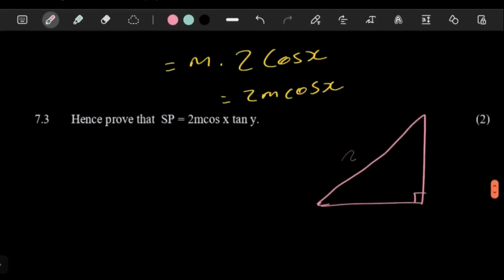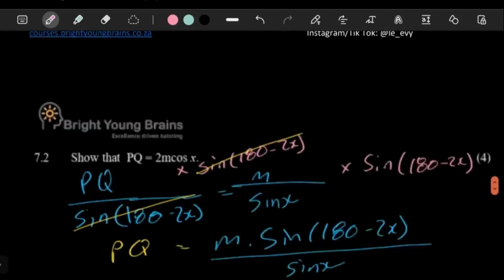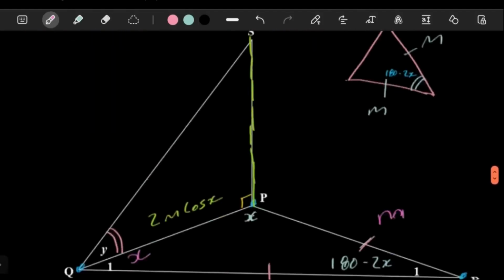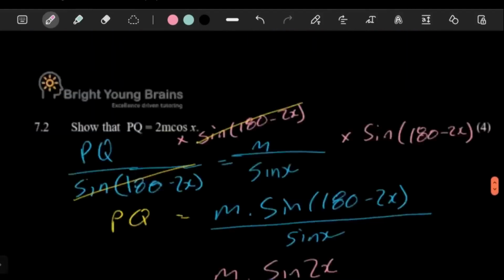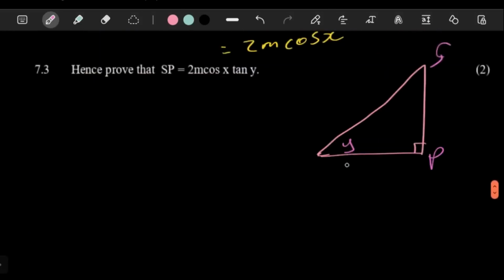So far we know that this is y, and then we're looking for SP. And this is 2m cos x. Let's see if we can put that.